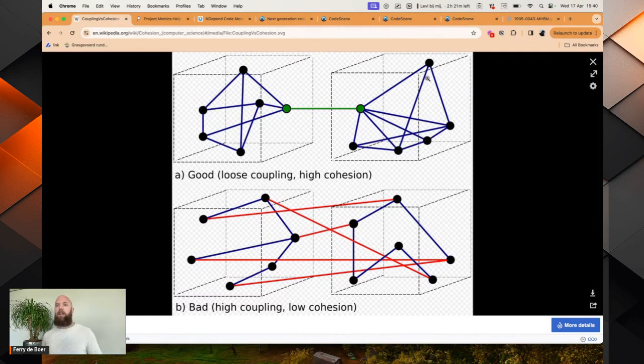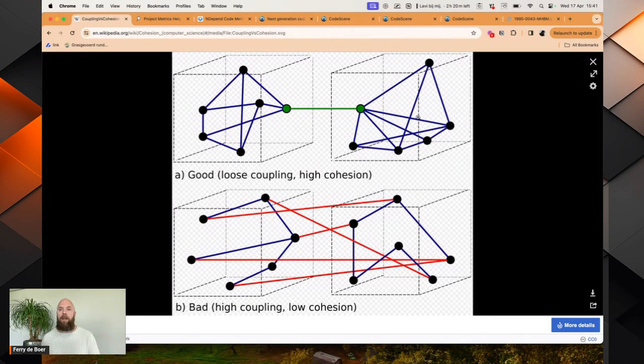And here you see exactly the same. Or you could say, okay, maybe these are methods, and these are also private fields. You see a certain amount of coupling within this module, which you can discuss in terms of, is that what you want?